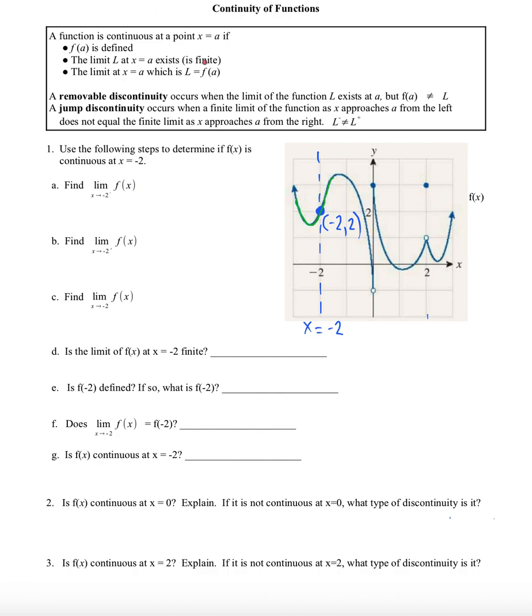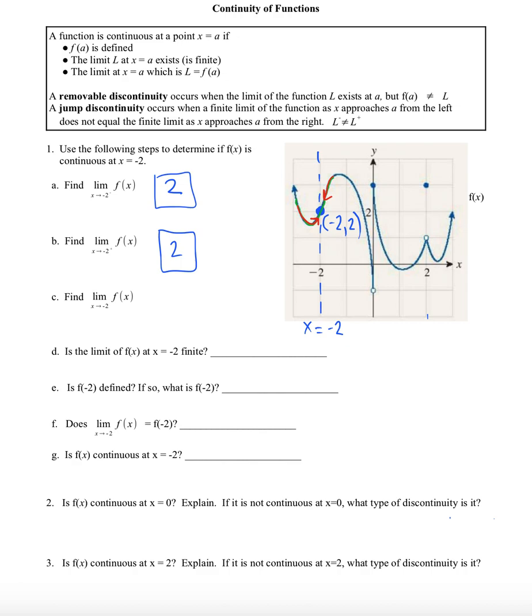So first of all, if we approach from the left side, we see that we're headed toward an output of 2. So the limit of f of x as x approaches -2 from the left is 2. And then if we look at the limit as we approach -2 from the right, that's 2 as well.